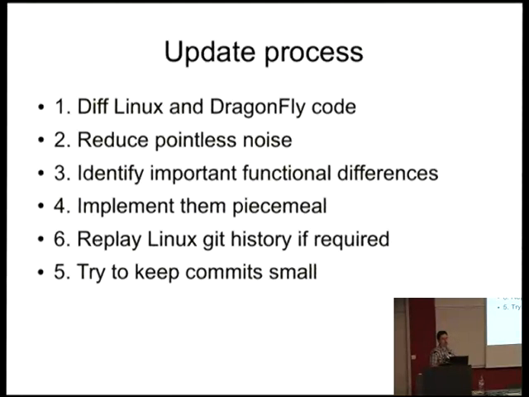So sometimes I had to replace the Linux git history to do it small step by small step. And in general, I try to keep commits small so as not to break everything every time I was trying to modify the driver.